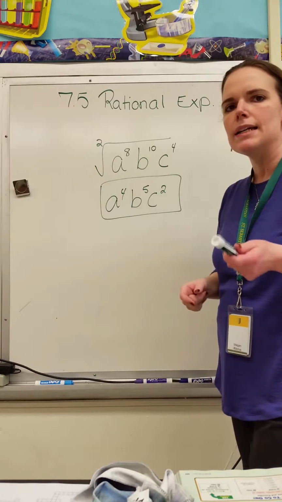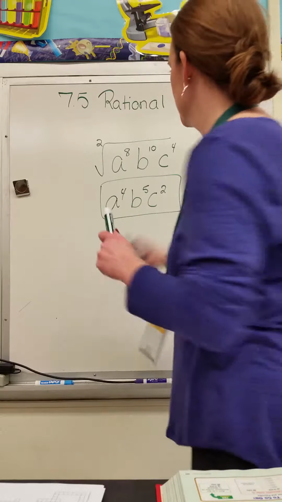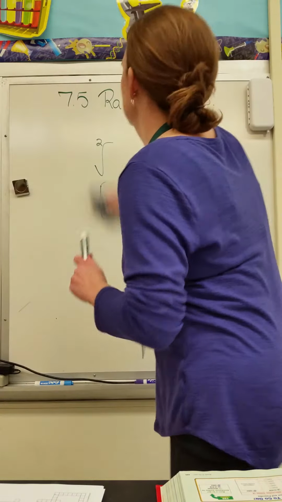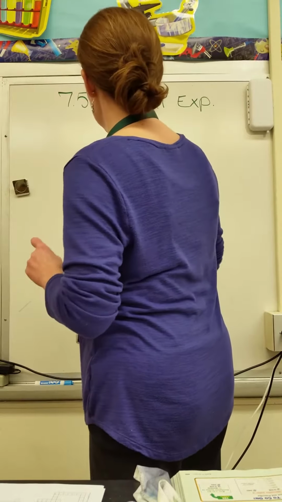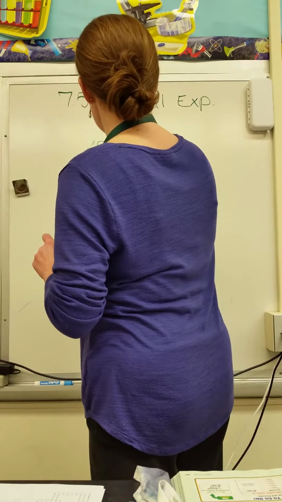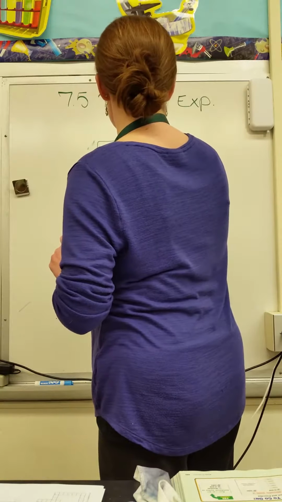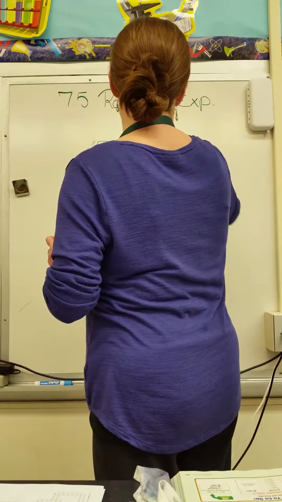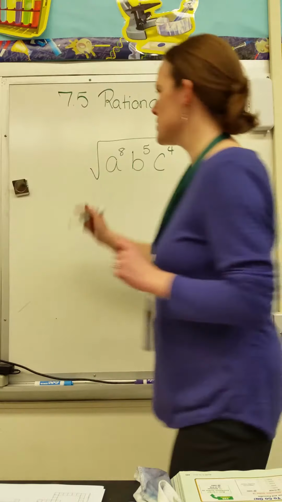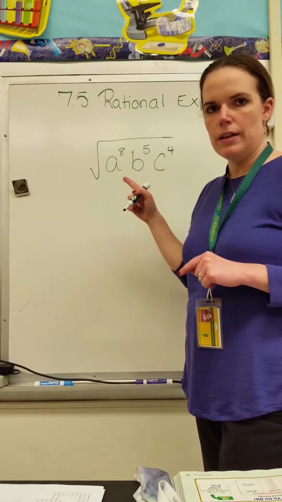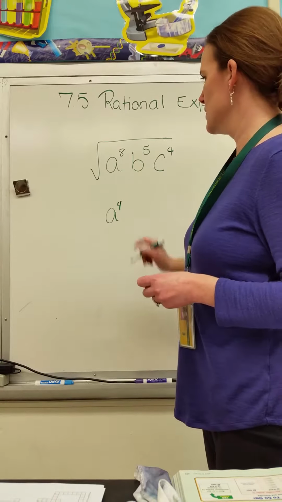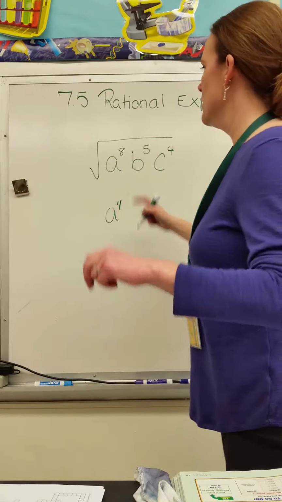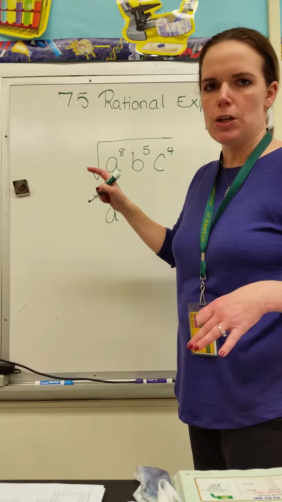When the square root sign doesn't go away, say we had square root, and we're going to say a to the 8, b to the 5, c to the 4th. Okay, so there's nothing there, so it's a square root again. I have a to the 8, that means there's 4 pairs. B to the 5, 5 doesn't evenly divide by 2.